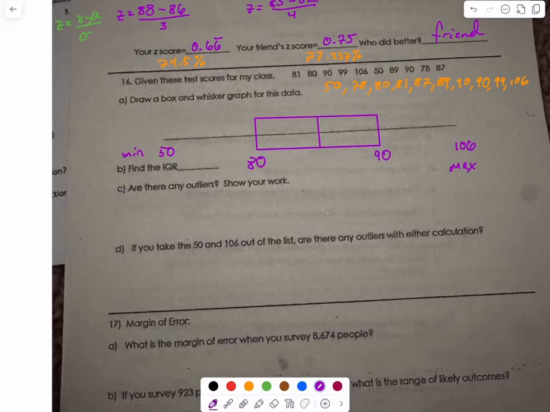Mm-hmm. 78 outliers. Let's consider. Wait a minute. Am I missing something? Okay, we got that one.